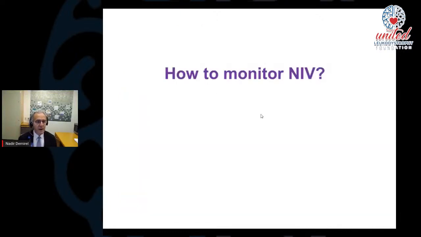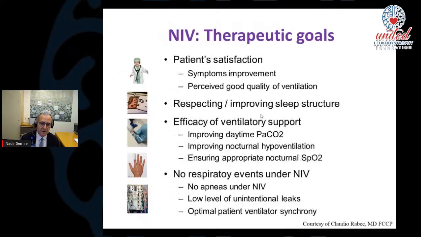So we diagnosed hypoventilation. We started to treat hypoventilation with non-invasive ventilation. So how are we going to monitor it? As you saw at the last part of my previous slide, you can cause some respiratory trouble by using non-invasive ventilation.